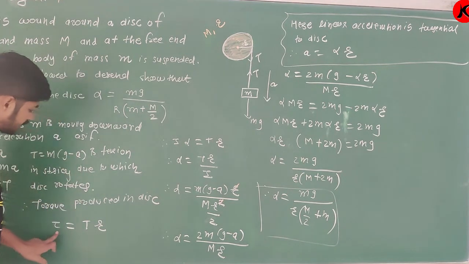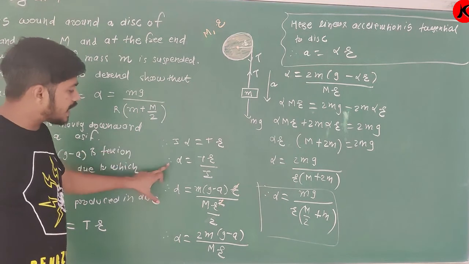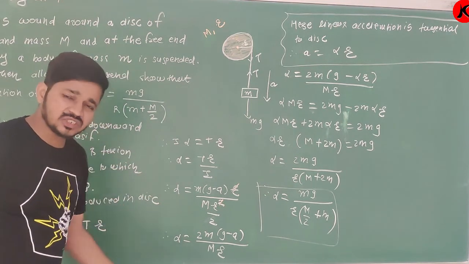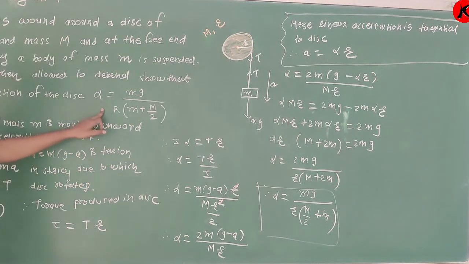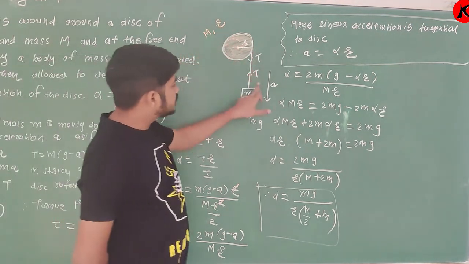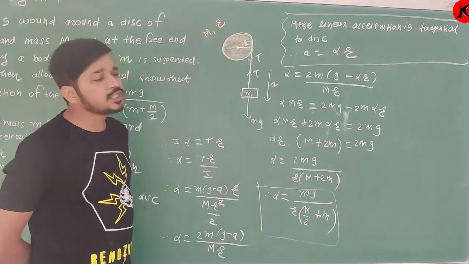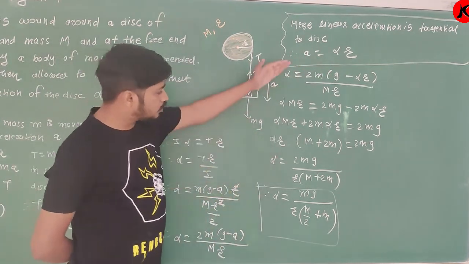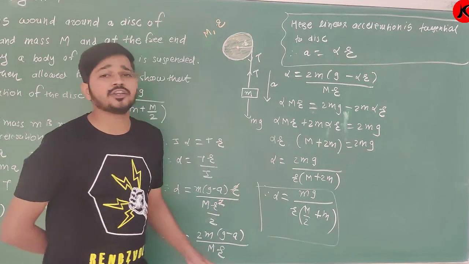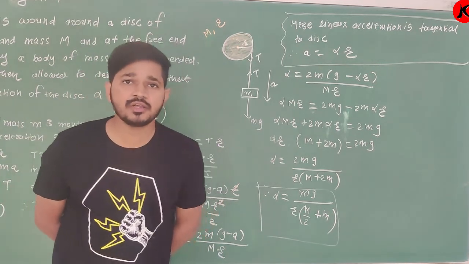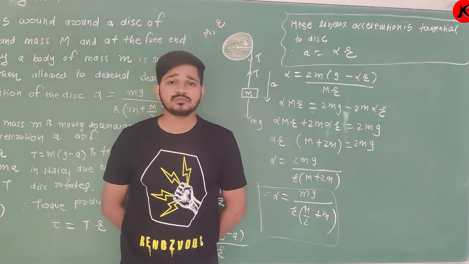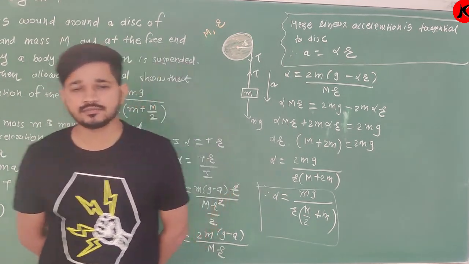Then tau is equal to I alpha, make alpha the subject. From this alpha, yes, it is your answer, but you have to obtain this formula. We know that this linear acceleration is tangential, so a is equal to alpha r. Put the value, simplify, and you will get your answer. Clear about it? So yes, this is it for today, and I think this is it for chapter number 7.